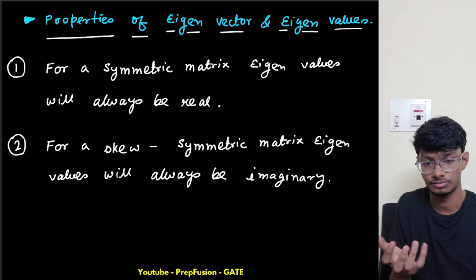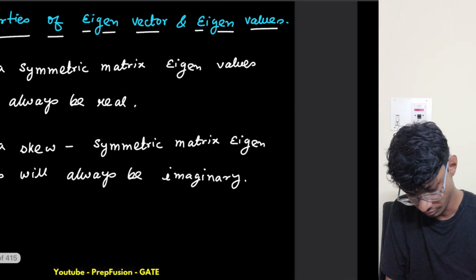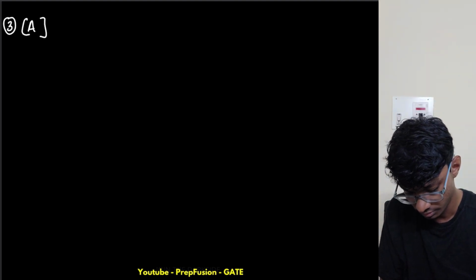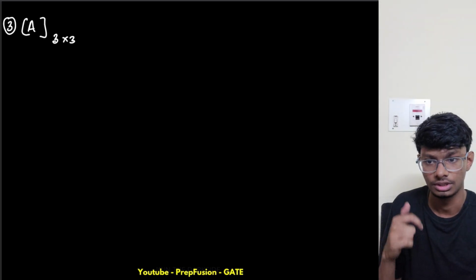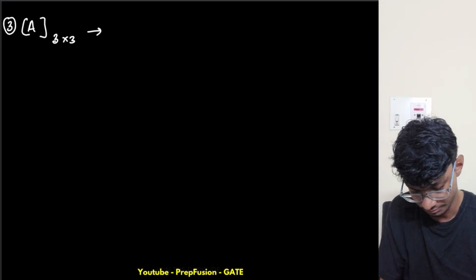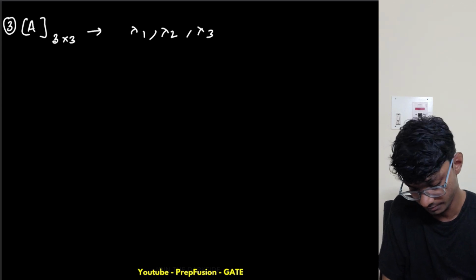Now what is the third property? I will prove this one to you. Let's say I have a matrix of 3 cross 3, and it has eigenvalues lambda 1, lambda 2 and lambda 3.